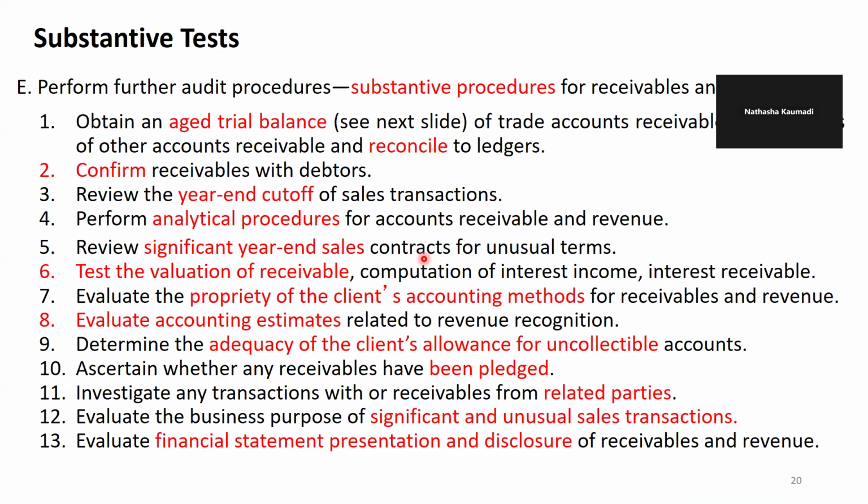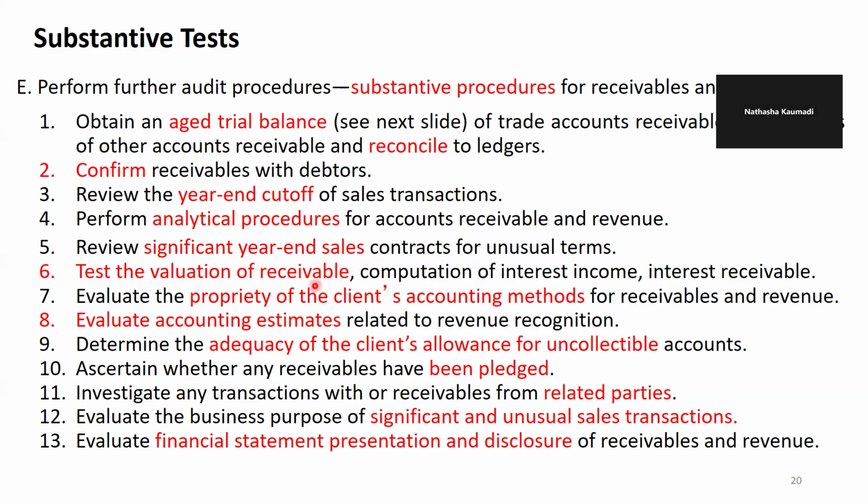So you review those significant year-end sales. Why year-end sales? There is a probability that fictitious sales transactions can be recorded towards the end of the year, just to increase the sales, just to meet the bonus targets. Likewise, you can have significant year-end sales contracts, so you are going to review them.